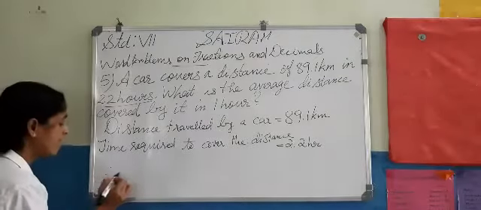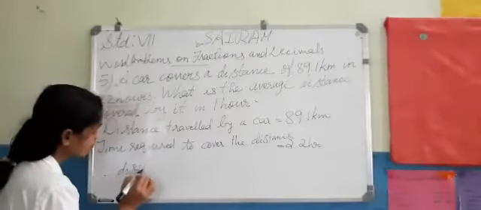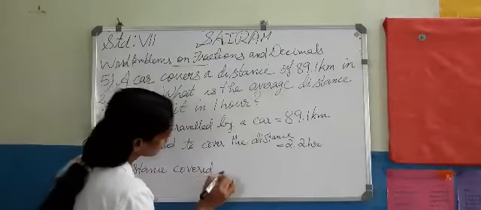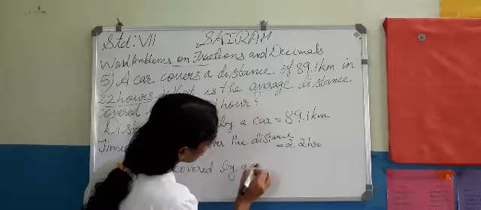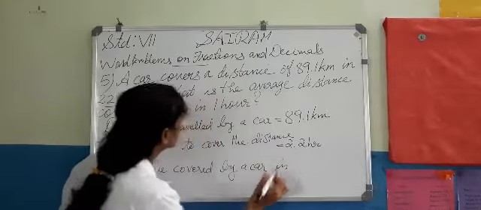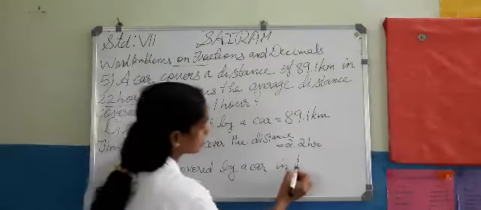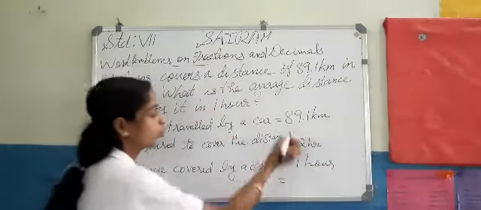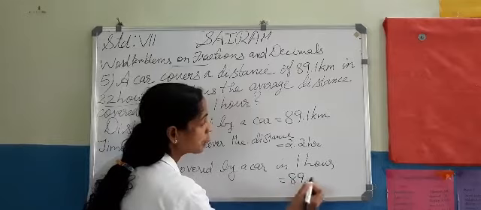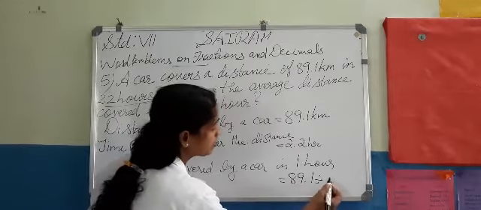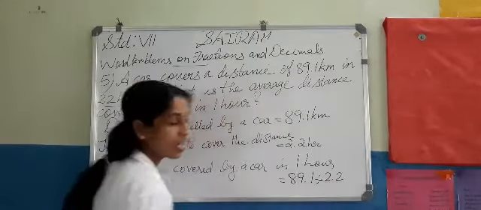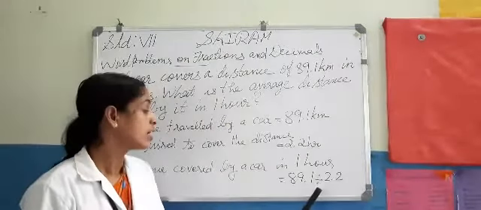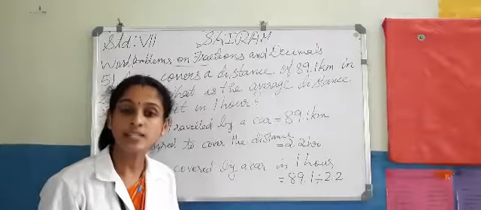So, we want to find the distance covered by a car in 1 hour, which is equal to, we want to divide 89.1 divided by 2.2.